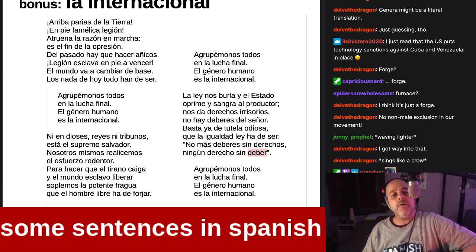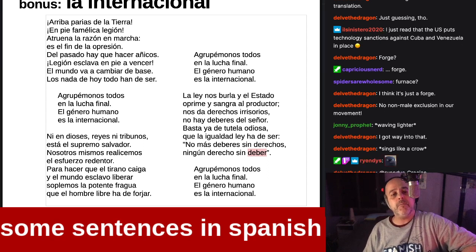Ni en dioses, reyes ni tribunos está el supremo Salvador. Nosotros mismos realicemos el esfuerzo redentor para hacer que el tirano caiga y el mundo esclavo liberar.